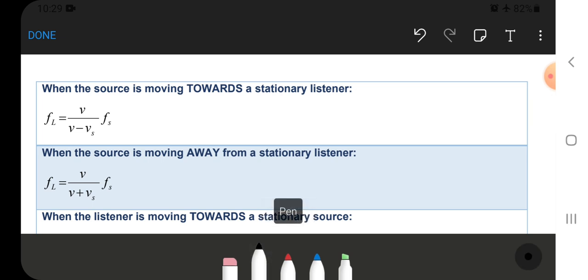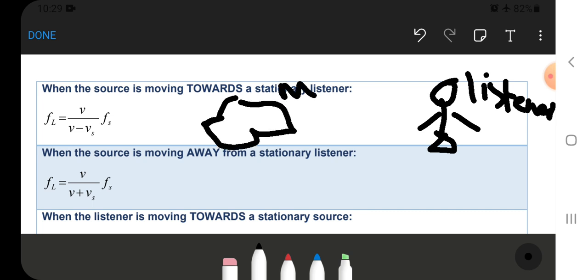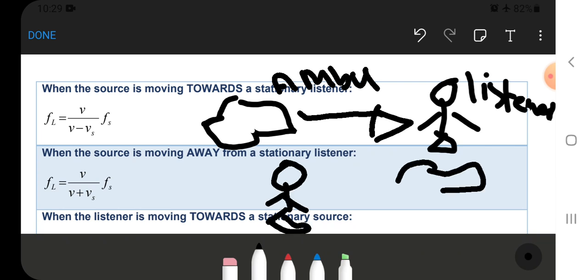For number 1, here is the listener, and here is the ambulance. The ambulance is moving towards the listener, so you are using this first formula. Now, here is the listener for the second formula, and here is the ambulance.